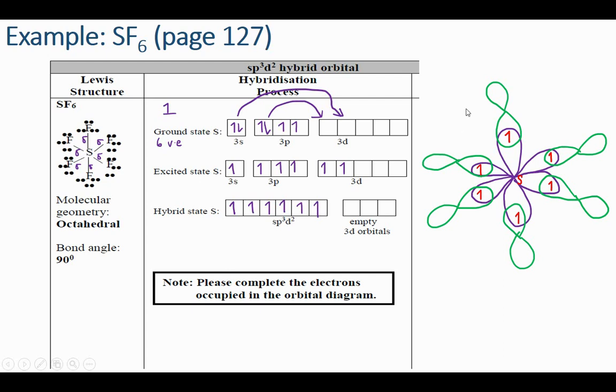Okay, so label fluorine atom dan tunjukkan sigma bond yang terhasil. Okay, so ni semua fluorine label. Okay, lengkapkan elektronnya. Okay, label all the fluorine atom. And jangan lupa label semua sigma bond yang ada. So ada 6 sigma bond, so label lah ke 6 sigma bond. So explanation dia ada dalam modul awak lah.